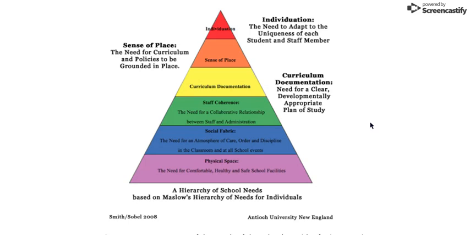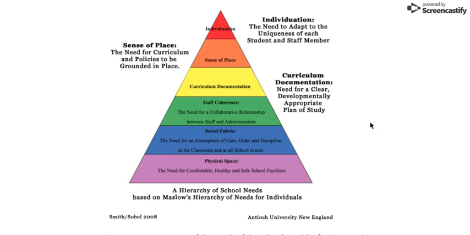And when we get in, what we find is that the staff coherence is weak. The social fabric is weak. Sometimes even the physical space. It's awfully hard to talk to a faculty about using different instructional methods when they're overrun by mice in their schools, or when there's a roach problem.